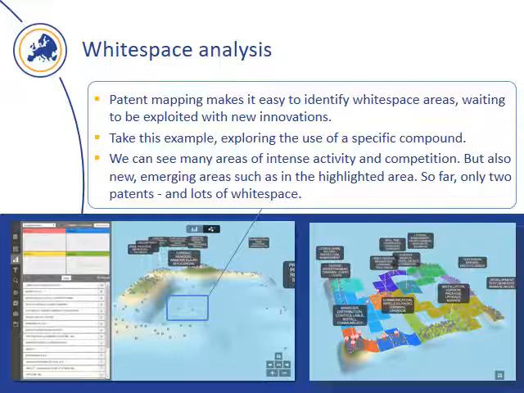In this case, the use of a specific compound is explored, and we can see many areas of intense activity and competition, which are indicated by steep hills or high hills here, and high density of circles representing single patents.